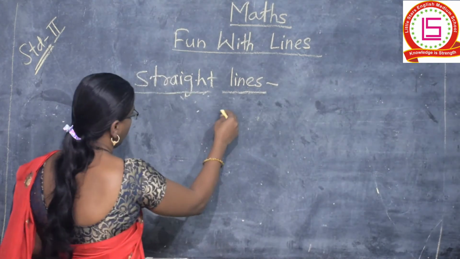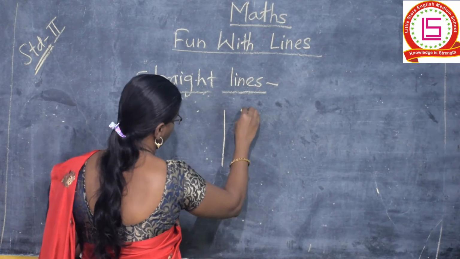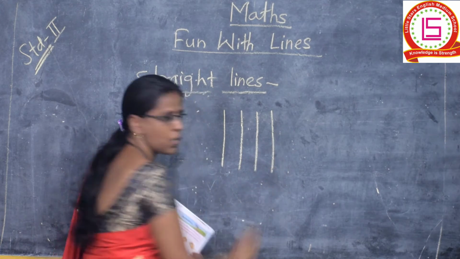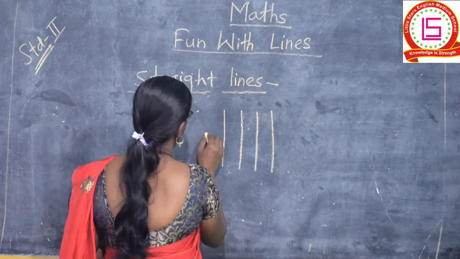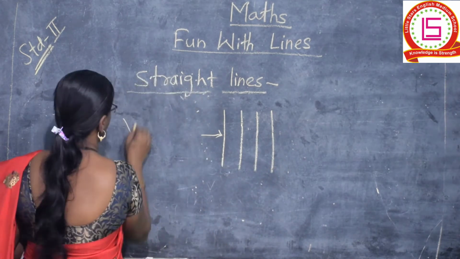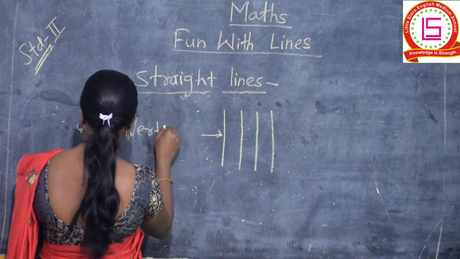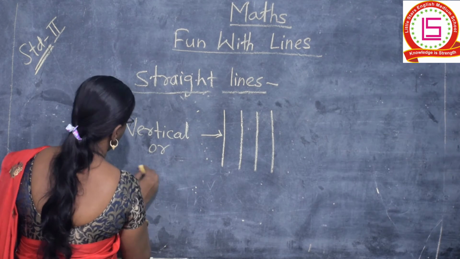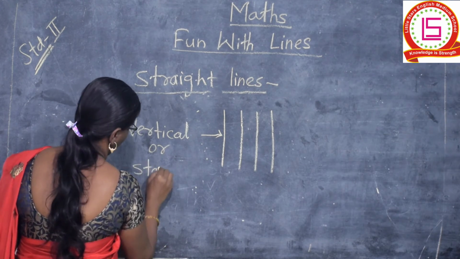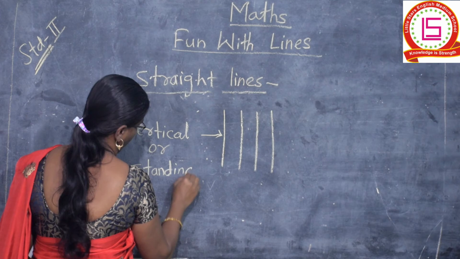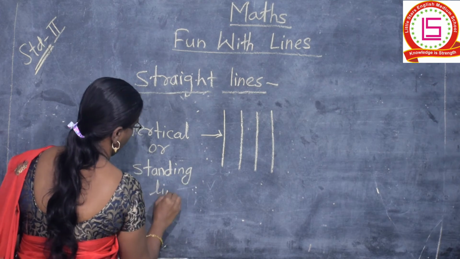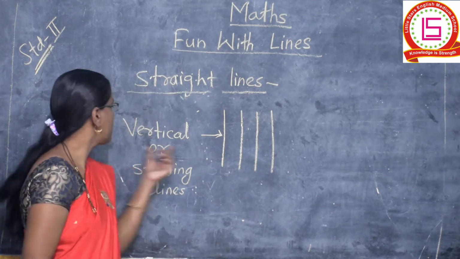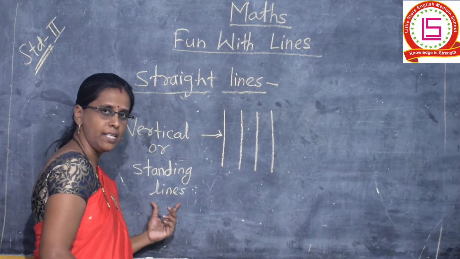See here, Neha drew lines like this, and these lines are called vertical or standing lines.